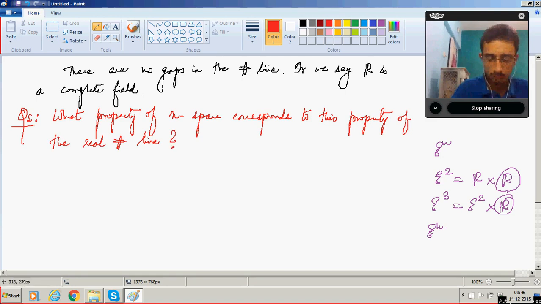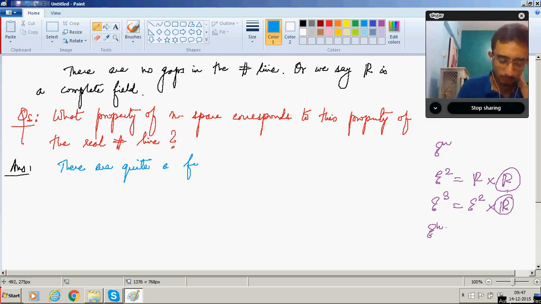Right? It's a natural question. So the answer is actually there are quite a few equivalent properties. We will talk about this. We consider the nested set property.